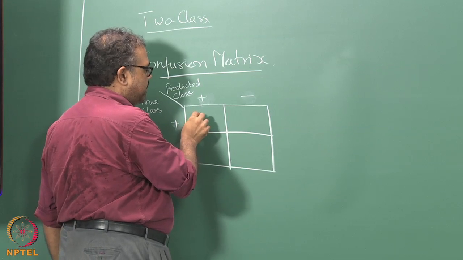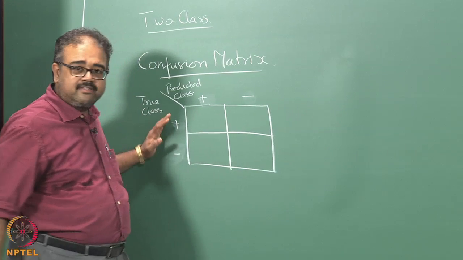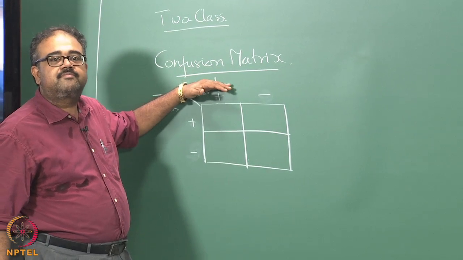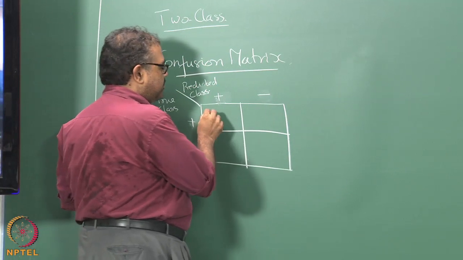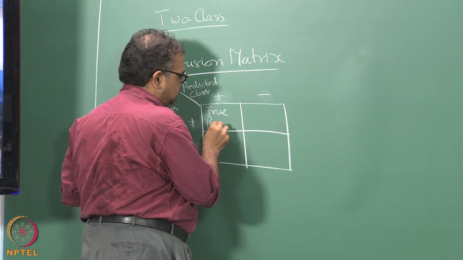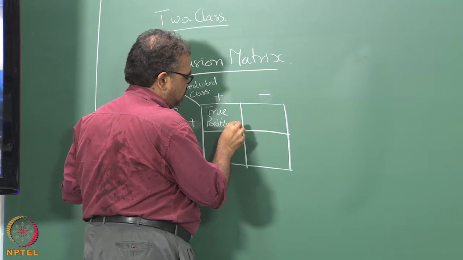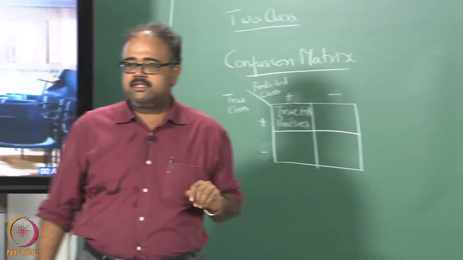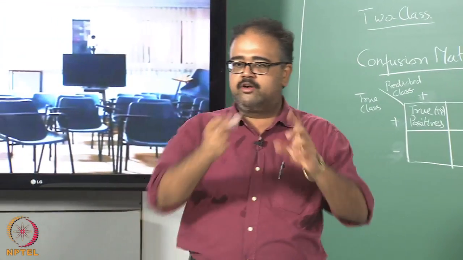So things that go in here. If the true class is positive and I am also predicting it to be positive, these are called true positives, which we will denote as TP.